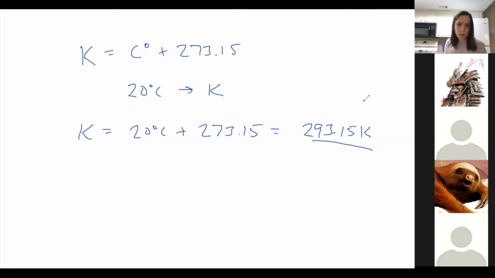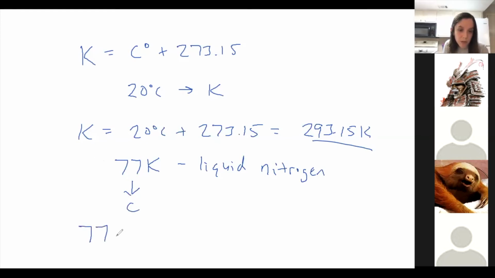So very easy conversion, and you can go the other way too. If you were at, say, 77 Kelvin, which is what liquid nitrogen is at, and you wanted to go from Kelvin to Celsius, then you would just go the reverse. You would just subtract. So we'll put in 77 Kelvin for K. We don't know Celsius, so that's the unknown, plus 273.15.